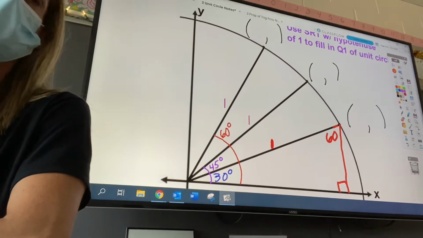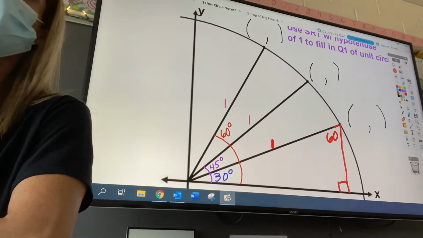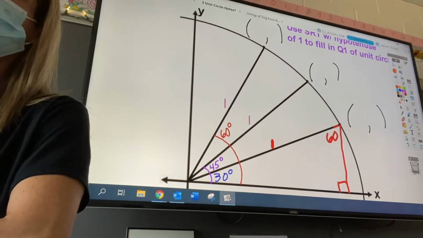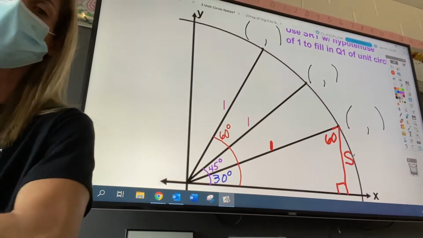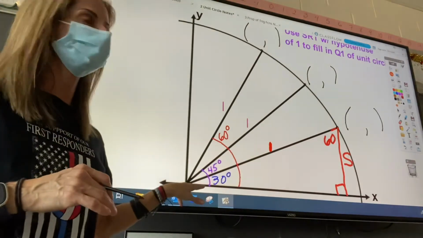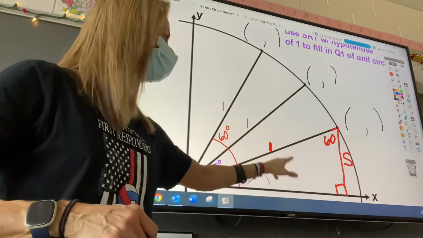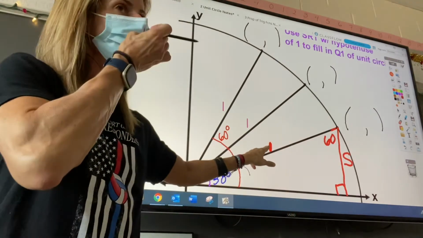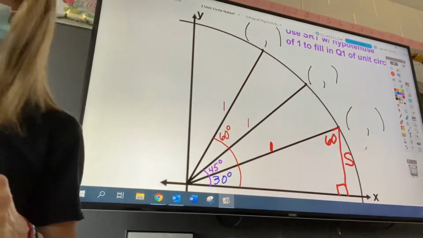In the special right triangle, that is the length of the hypotenuse. We know the relationships in the special right triangles. This is the short side right here. We know that's the short side because it's across from the 30-degree angle. So we've got to get the short side first, and then we can get the long side. The hypotenuse is twice as big as the short side. So the short side is 1/2.